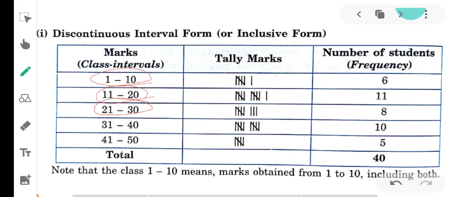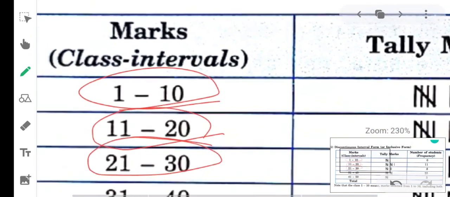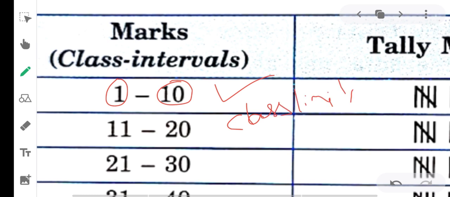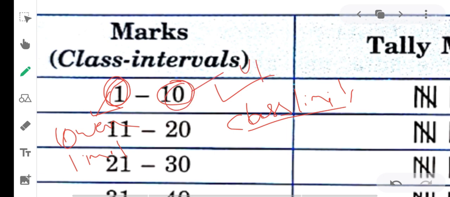In this class interval, let's take 1 to 10. This 1 and 10 are known as class limits. The left side of this class, that means 1, is known as the lower limit, and 10 is known as the upper limit.